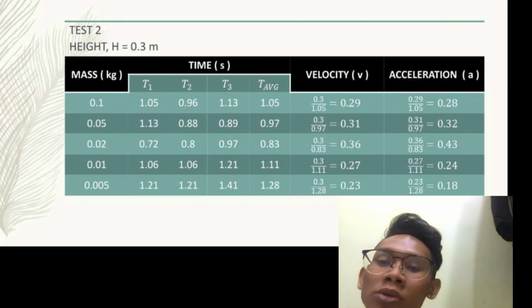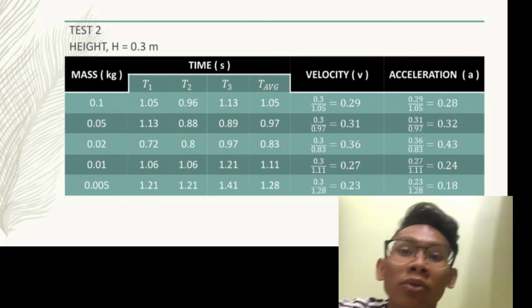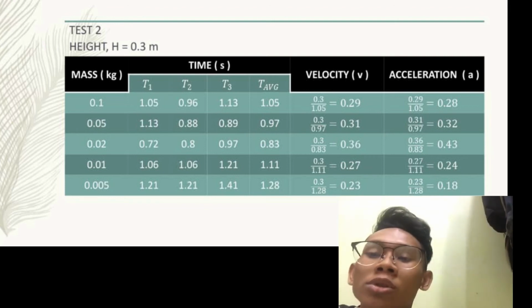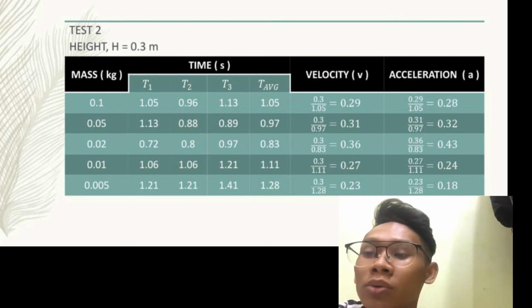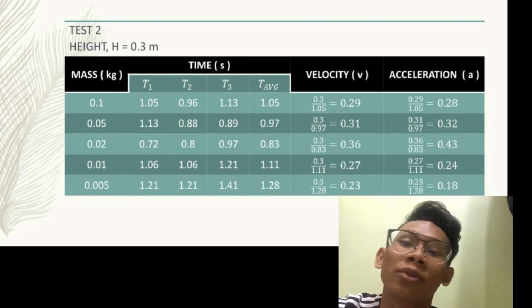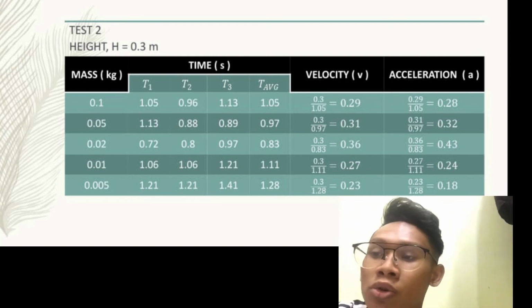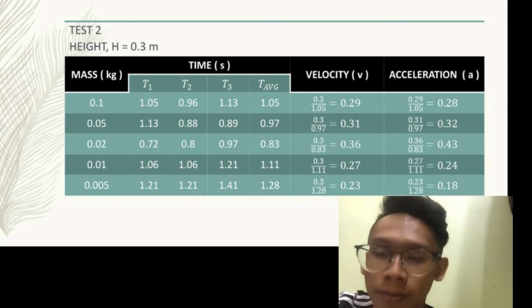So for 0.1, the first time we got 1.05, second 0.96, third 1.13, and for AVG we got 1.05. For velocity we got 0.29, and the acceleration we got 0.28.